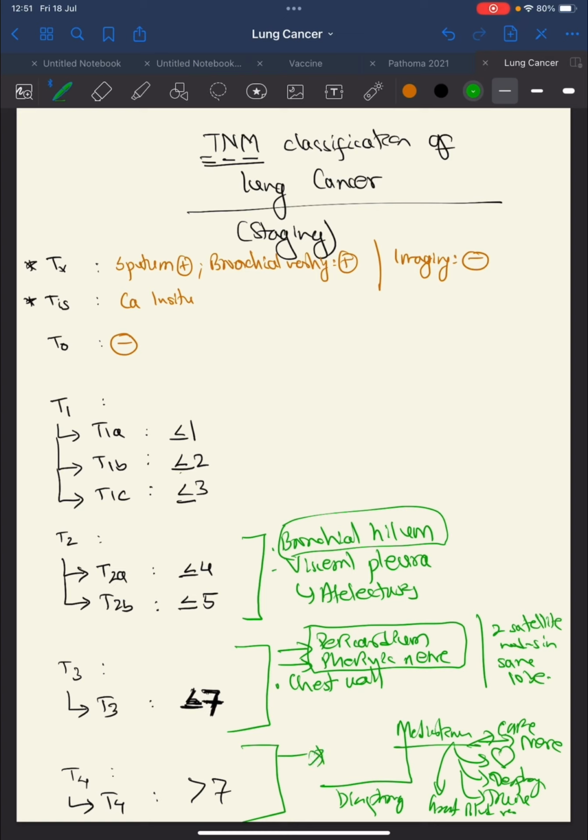These are the things to be known, but mostly we must focus on the size. So less than or equal to 1 centimeter, 2 centimeters, 3, 4, 5, and then 7 centimeters.